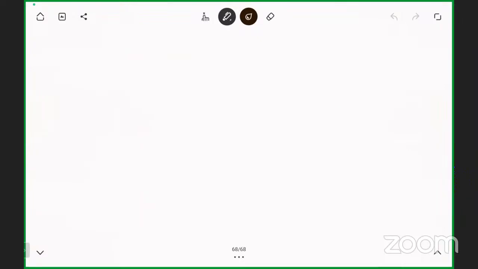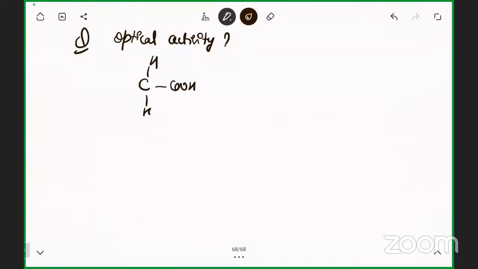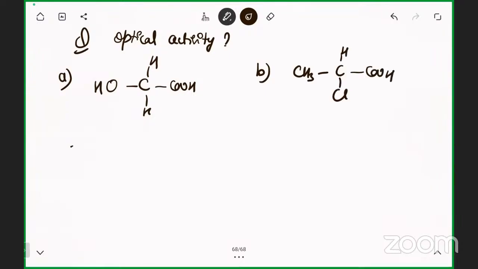Okay, question is, which of the following compounds will show optical activity? First is COOH with OH. Second we have CH3, CH, COOH. Third we have CH3, OH, COOH.